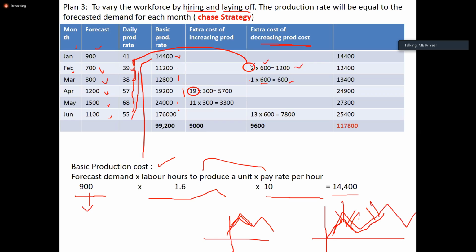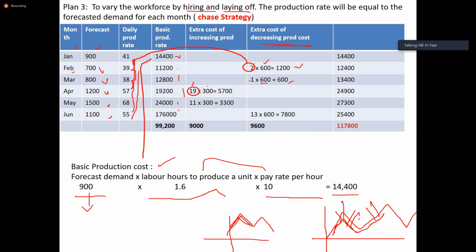Again, you see here it is increased from 38 to 57. Okay, it means it is increasing suddenly the demand. Okay, based upon demand, you have to increase production rate. So that is why how much it is increased the production rate, it is 19 units it is increased.